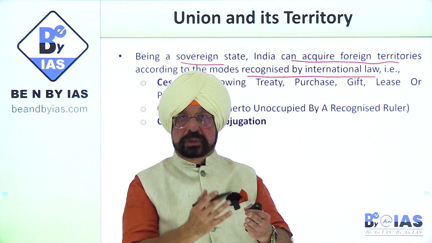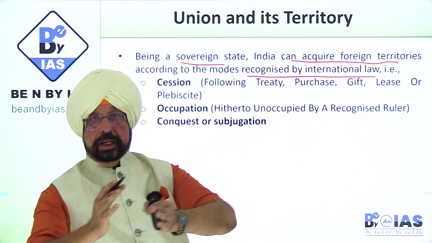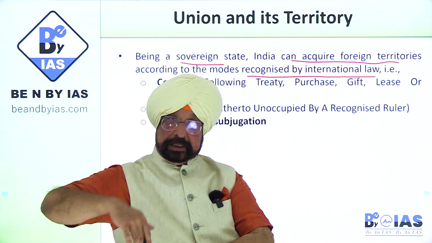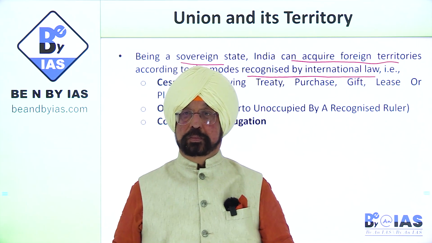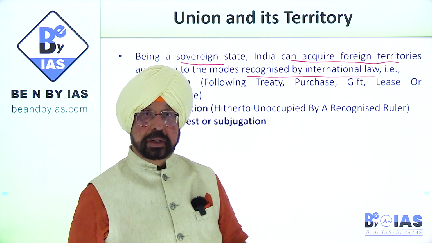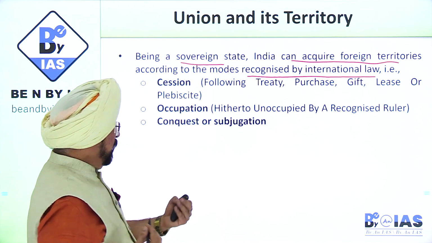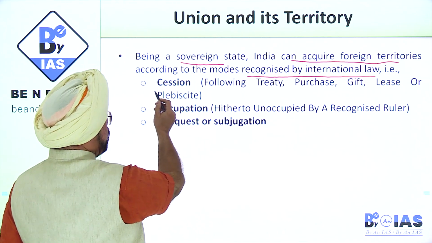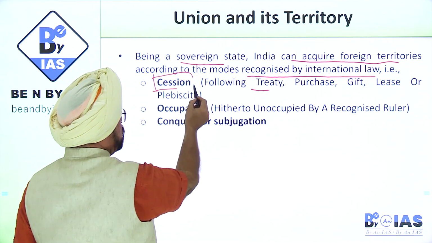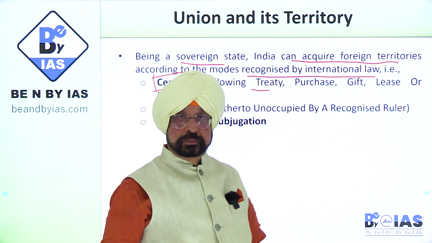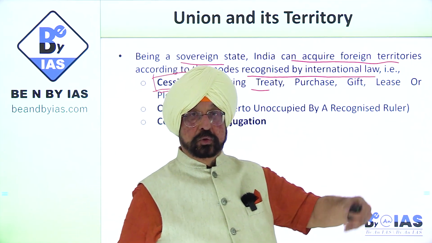They have listed out certain modes through which one nation can acquire a territory belonging to either another nation or those territories which have not so far been acquired by anyone. There are no claimants. Okay, so how are they done? One is cession, following a treaty. What do you mean by cession? That means one nation voluntarily gives its territory to another nation.